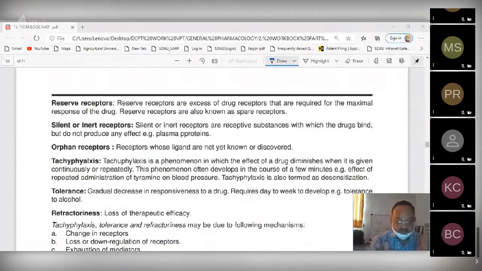Especially this is true for psychotropic substances. Say, for example, somebody has the habit of taking sleeping pills containing diazepam. In the initial period they take one tablet and get a peaceful sleep. But after one week, there will be no effect of one pill of diazepam.